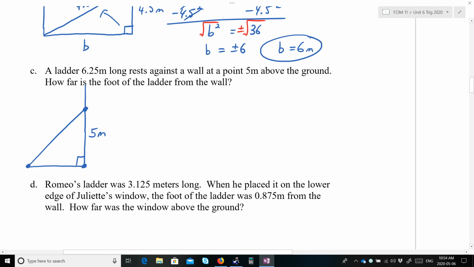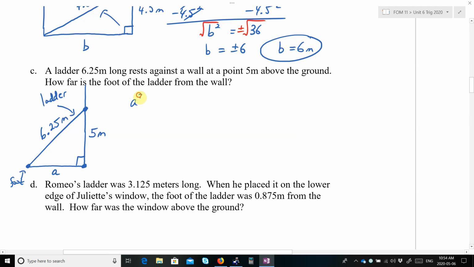There's our 90-degree triangle, and the ladder is resting against the wall, so the ladder is the diagonal here. Here's the ladder, 6.25 meters. How far is the foot of the ladder from the wall? So this would be the foot of the ladder. We want to know what this length is here. And I will just point out that that is the ladder there.